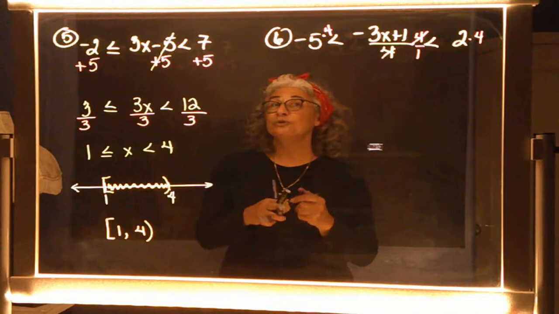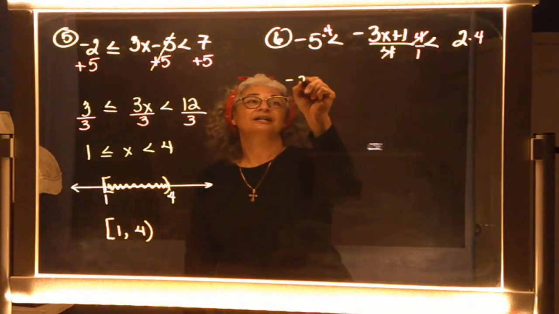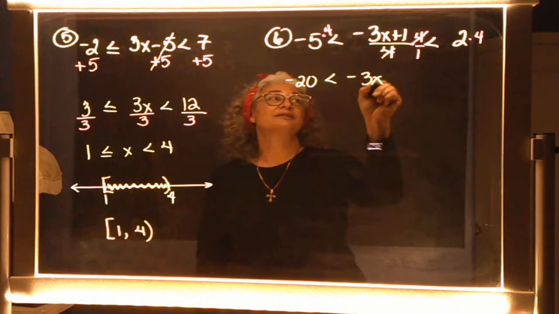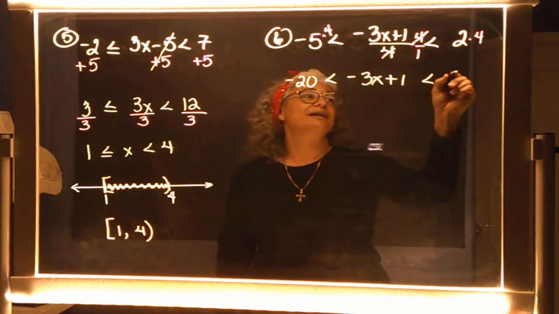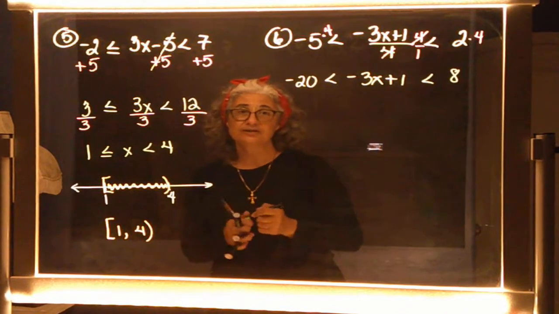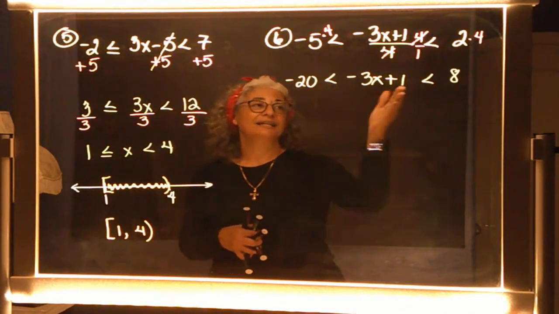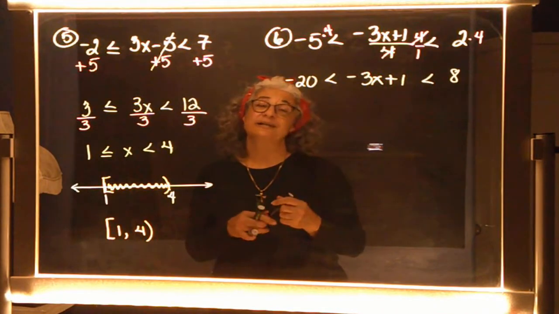Let's see what the problem really looks like. I've got negative 20 less than negative 3x plus 1 less than 8. Good? Okay. And now? Yeah, now I need to get rid of the 1. How do I get rid of that 1?